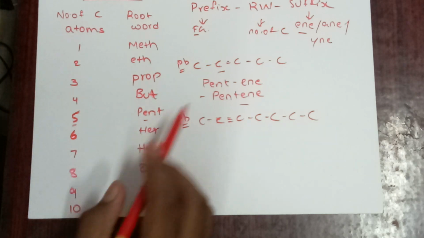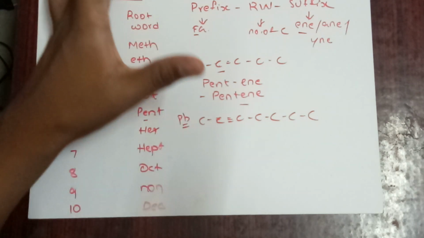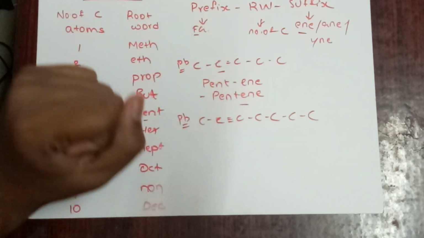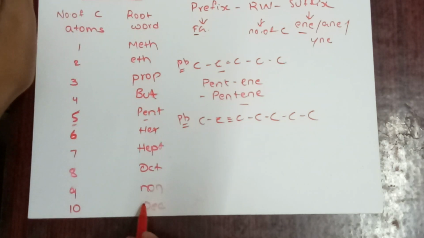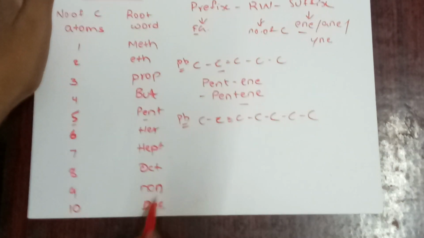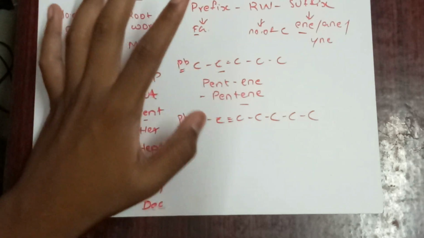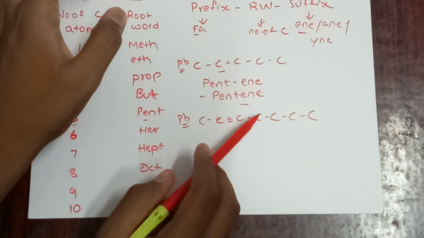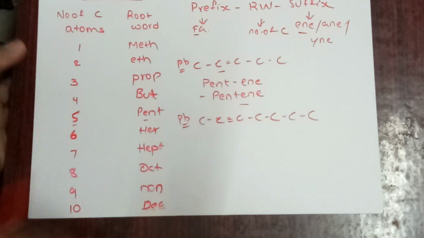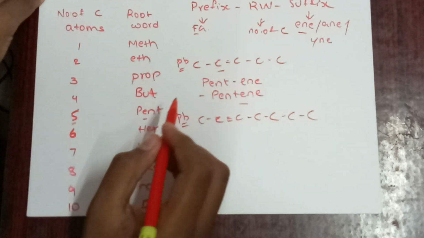Let me start. Just see if any functional group is there. No, we don't have any functional group. Now count the number of carbon atoms. 1, 2, 3, 4, 5, 6, 7. What is the root word for 7?